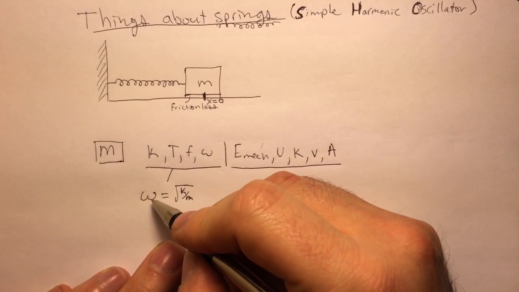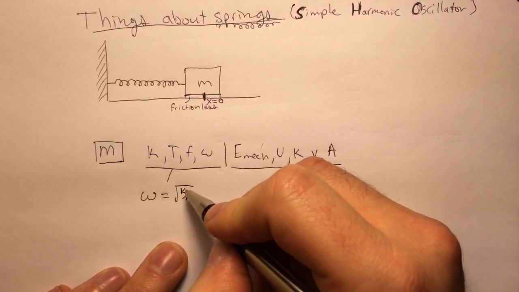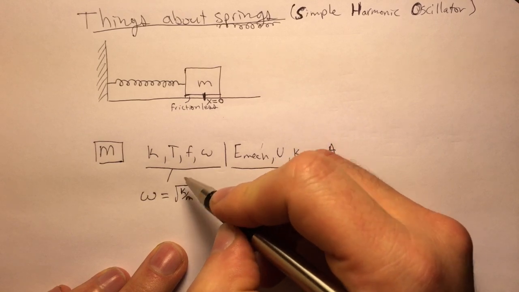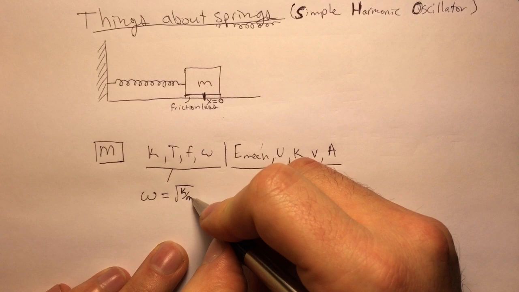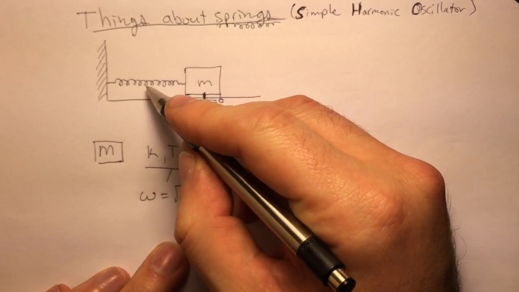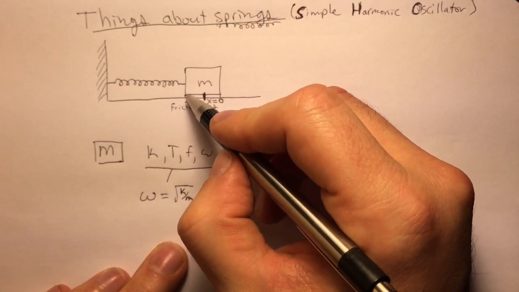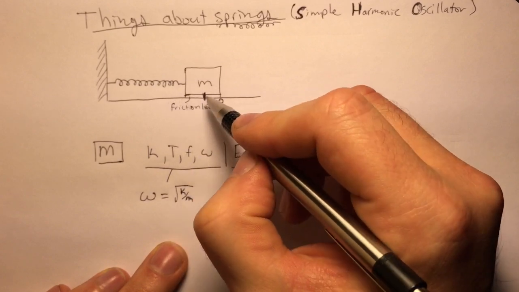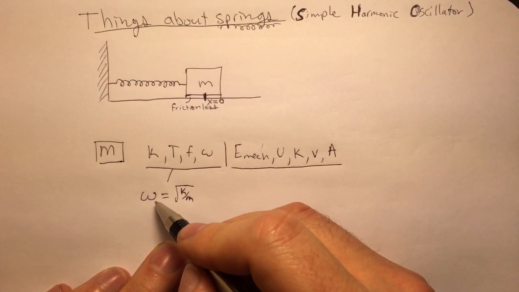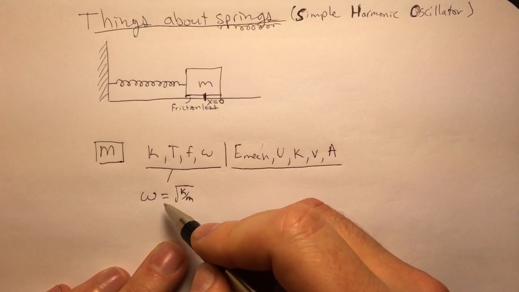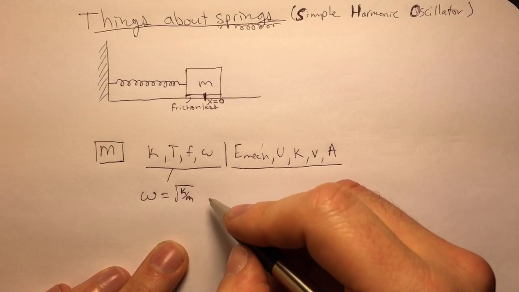So the frequency is bigger because the spring constant is bigger. And if the mass is bigger, if it just weighs more, the spring's going to have a harder time, so it's going to move more slowly back and forth. So the angular frequency will be lower because it's slower. Faster means bigger frequency.